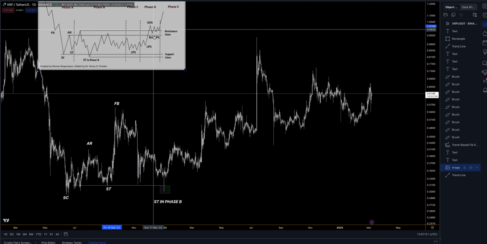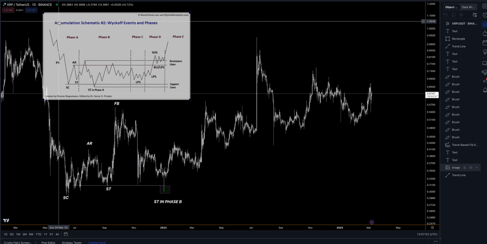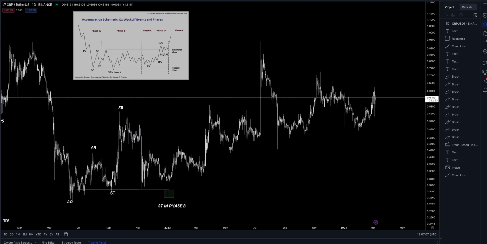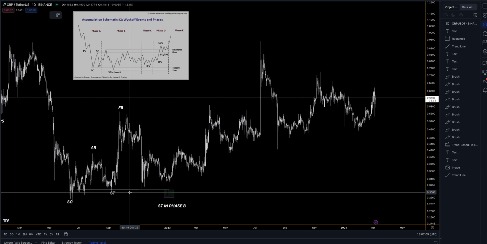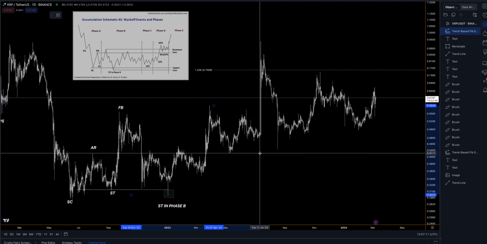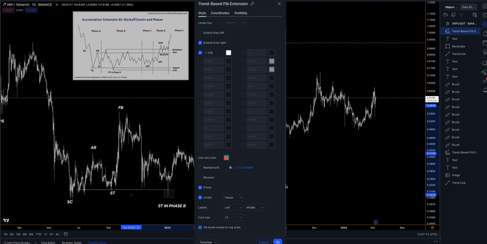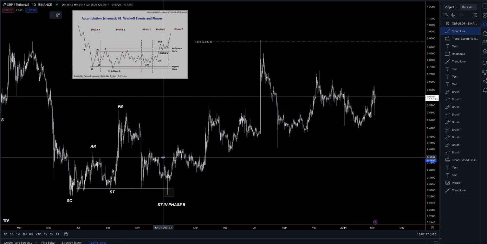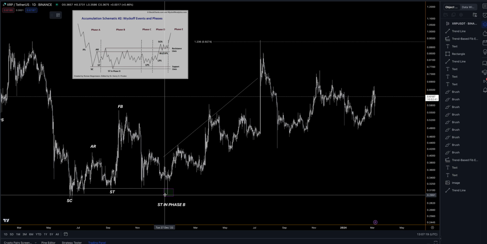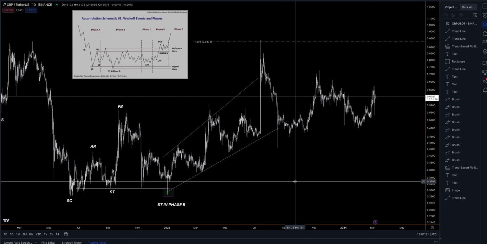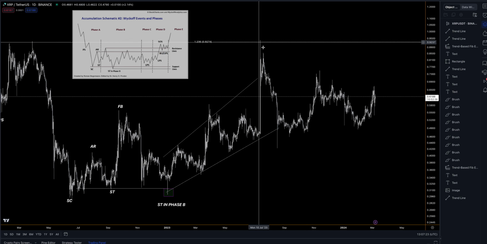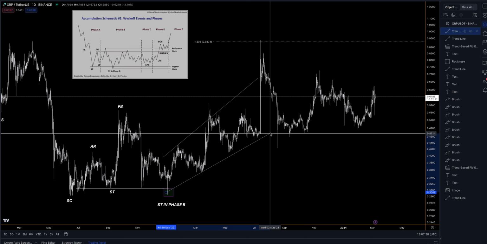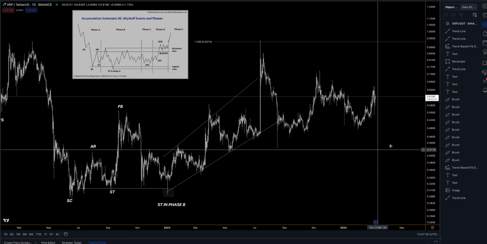See how we perfectly hit that? And remember, this is a leading diagonal similar to that of 2020. So when your fifth wave comes in, you're going to have a capitulation move down below your psychological support here.